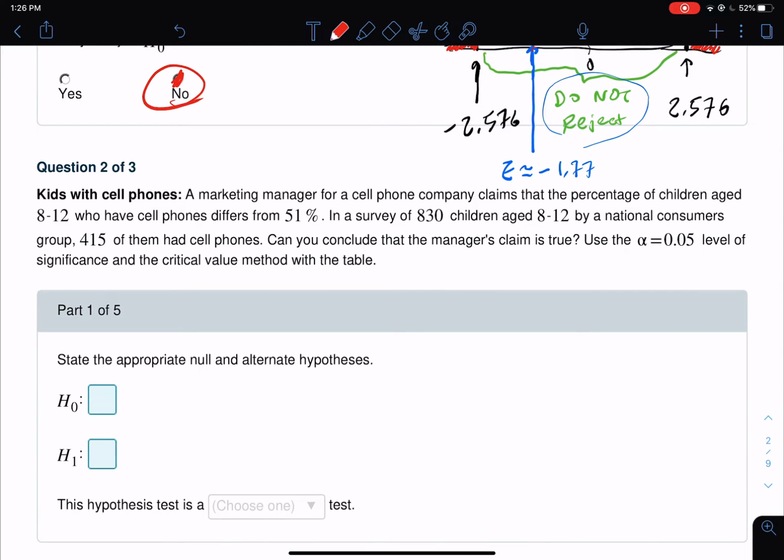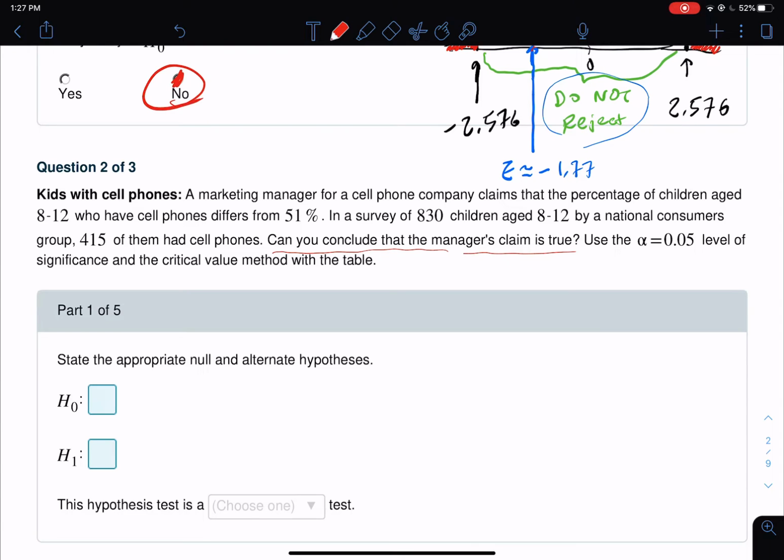A marketing manager for a cell phone company claims that the percentage of children aged 8 through 12 who have cell phones differs from 51. At the very end, the question is, can you conclude the manager's claim to be true? What's the manager's claim?